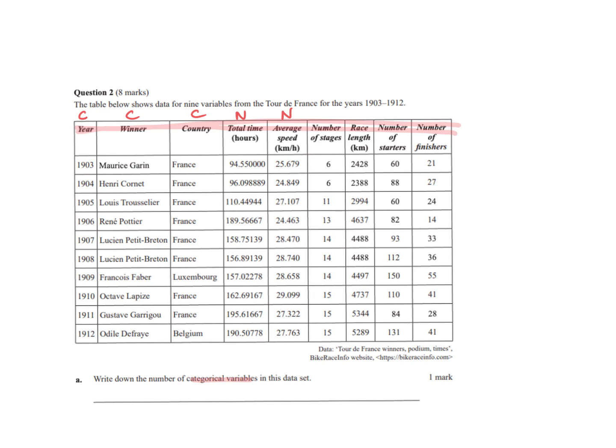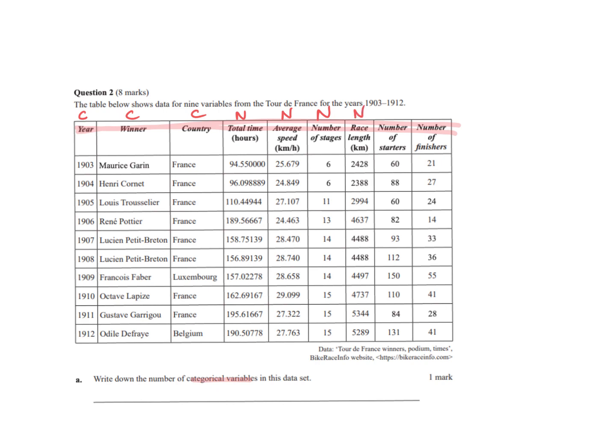Number of stages. So the Tour de France, they're counting up how many stages they've done. So I'm going to go with that's numerical. Yeah, because I think they're counting up how many stages they've done. So we'll go with that. Race length, that's numerical.